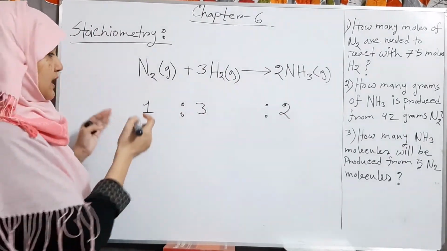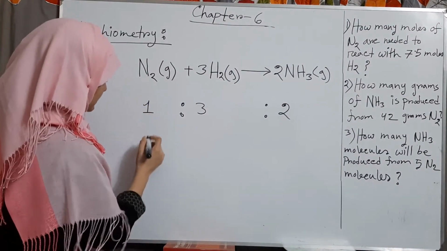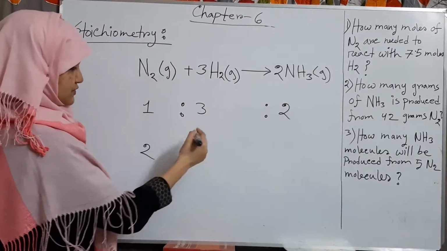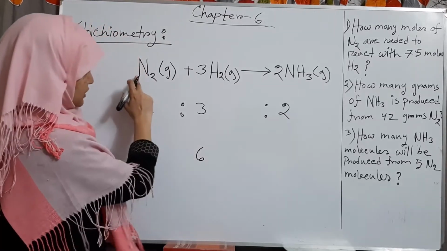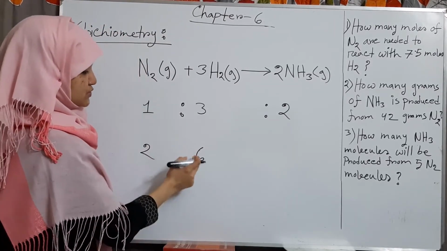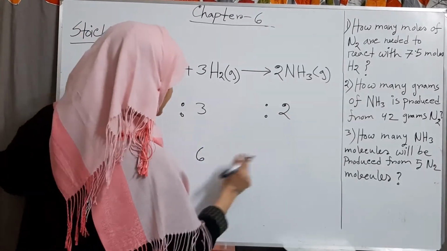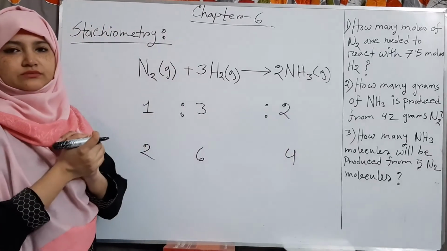Suppose we take 2 molecules of nitrogen, then these 2 molecules of nitrogen react with 6 molecules of hydrogen and produce 4 molecules of ammonia.